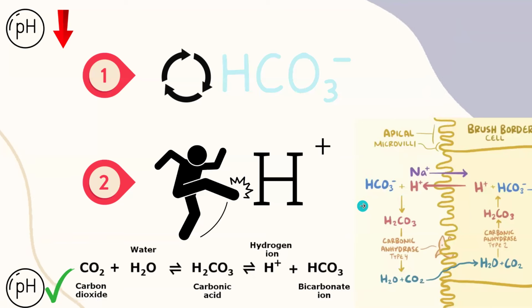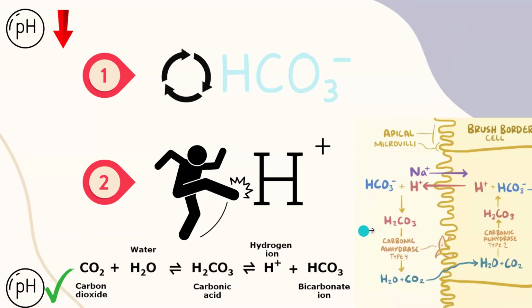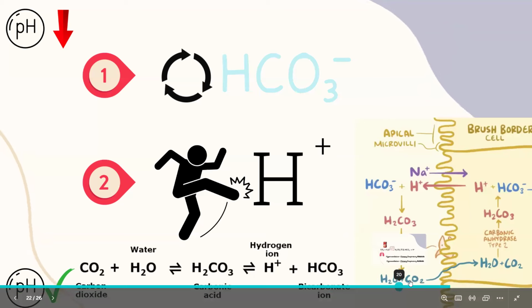What we can do is, by secreting hydrogen out, it can bind to the bicarb and make carbonic acid. And there's carbonic anhydrase again, our friend comes back. It will help turn carbonic acid into CO2 and water, and CO2 can passively diffuse into the cells.